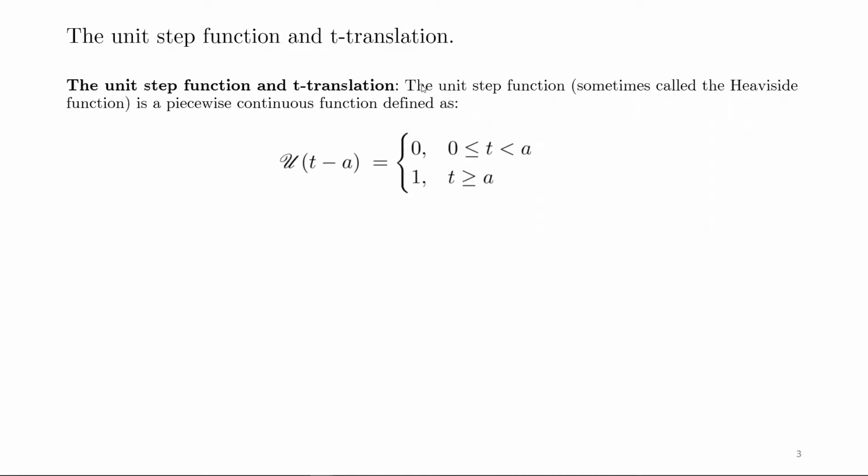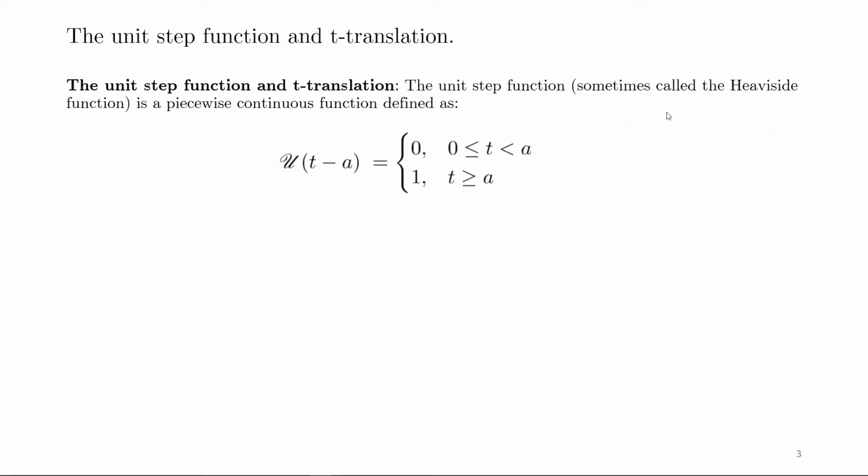Okay, and we write this unit step function as this very stylized u of t minus a. Of course a could be 0, so we could just have the stylized u of t, which would mean the function is just equal to 1 for t greater than 0.